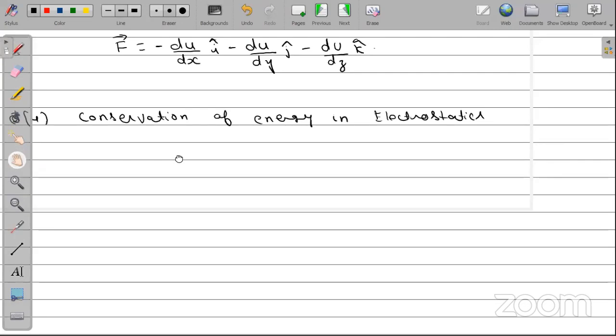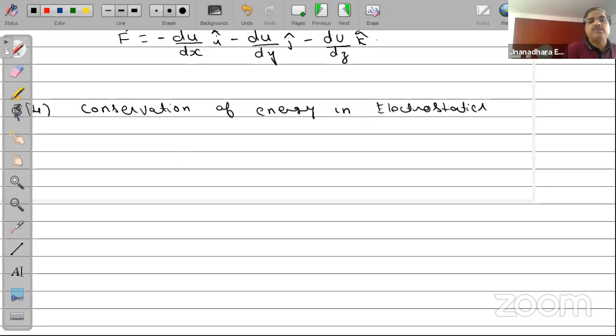Yes, sir. Okay. Now there can be a lot of problems asked also on the conservation of energy. Now, what kind of problems do come? We'll take an example and illustrate. Consider that there is a charge Q fixed at O, like this.